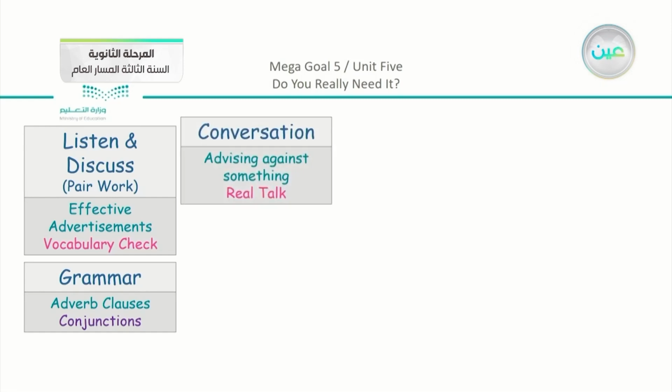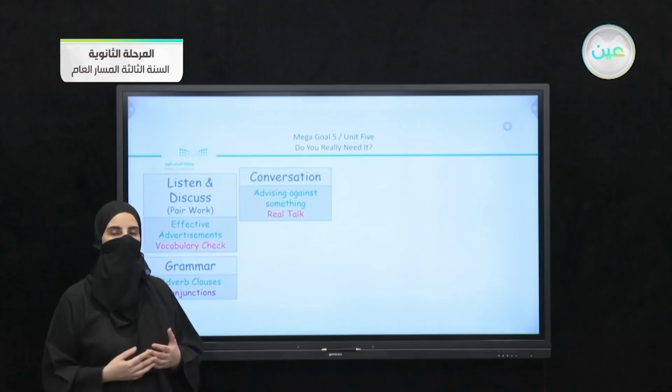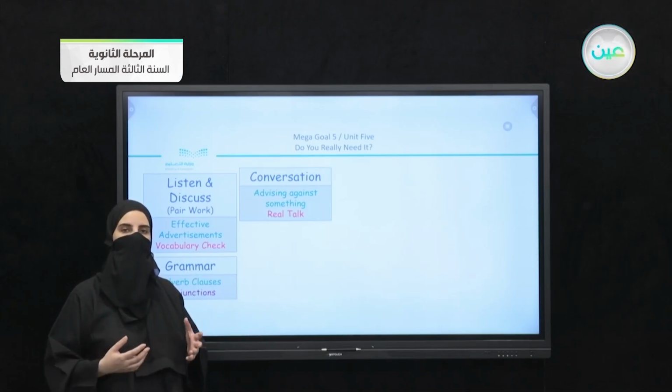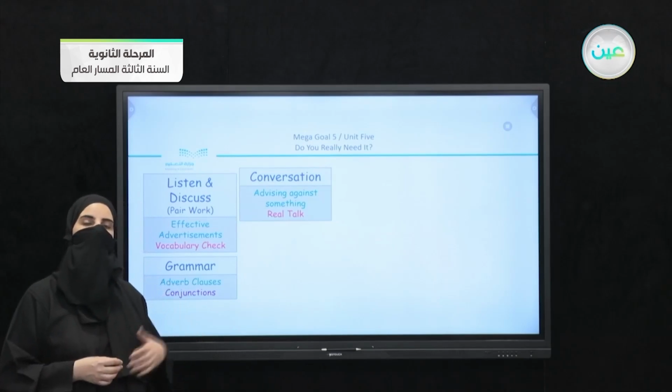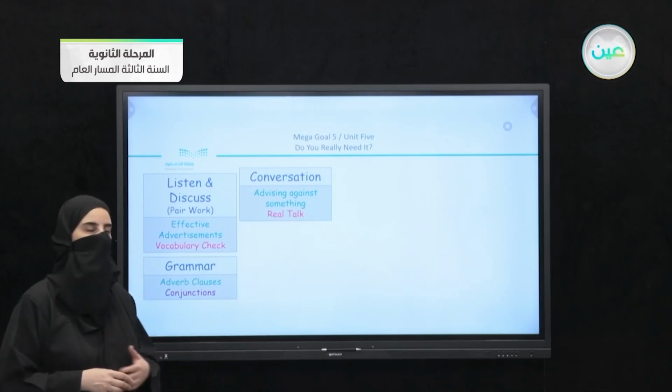In our conversation lesson, we had the conversation between two girls in the mall and how one of them wanted to shop all the time and the other was advising against shopping. So here we have the phrases that are used to advise against something, and also the real talk and the phrases that we have learned throughout the conversation.